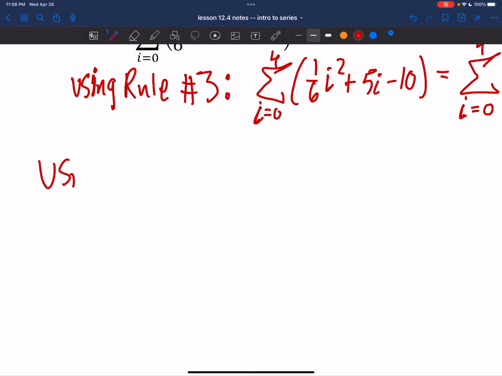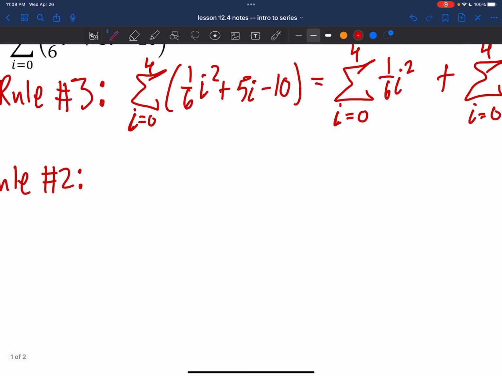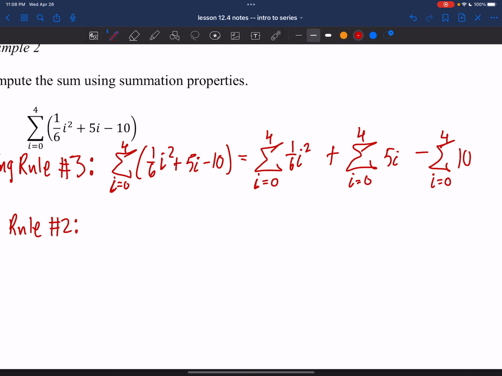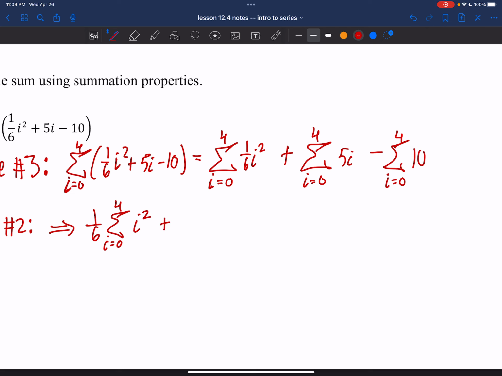So using rule number 2, we find that the first term implies 1/6 times sigma of I equals 0 to 4 of I squared plus 5 times sigma of I, right?